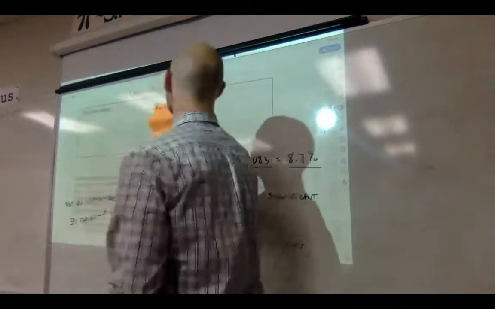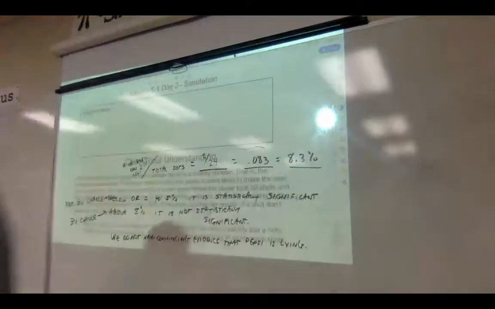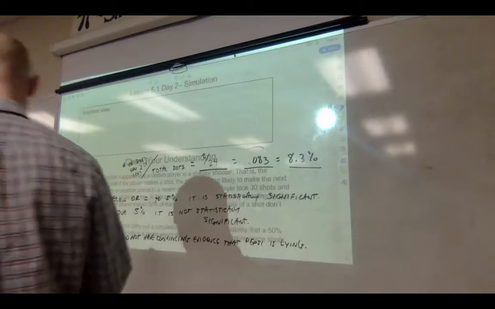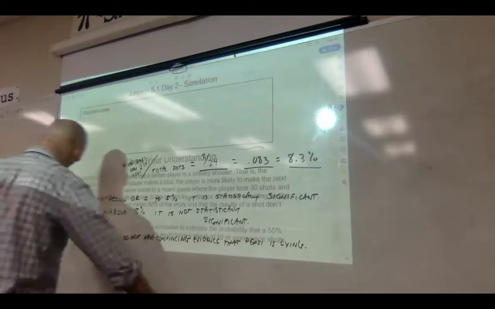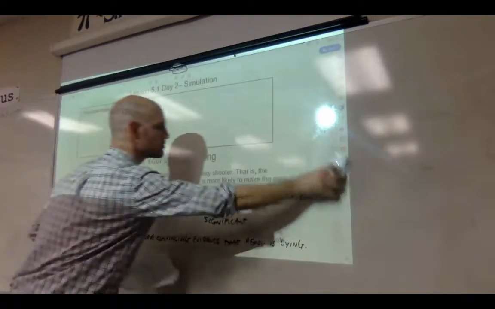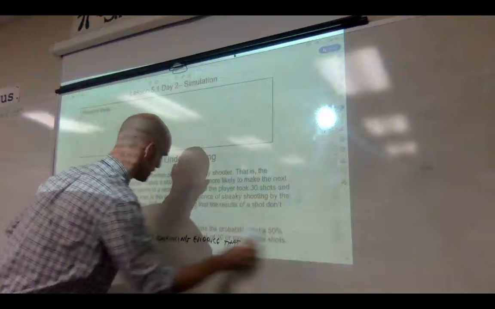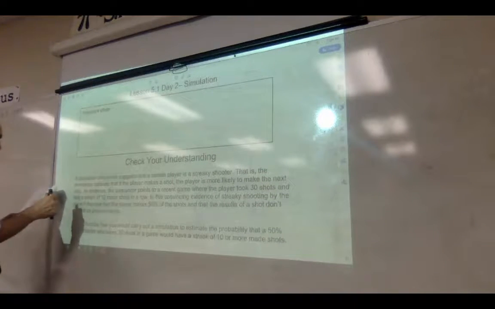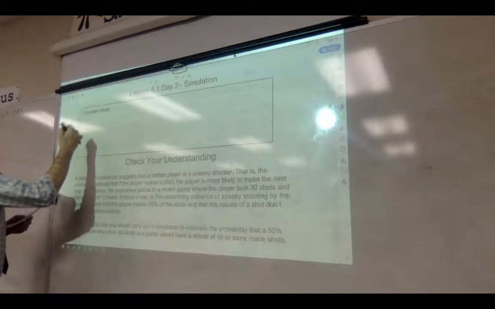The alpha level. All right. So let's talk about this for just a second. Simulation. Because what we just did was a simulation. A simulation is an imitation of chance behavior.